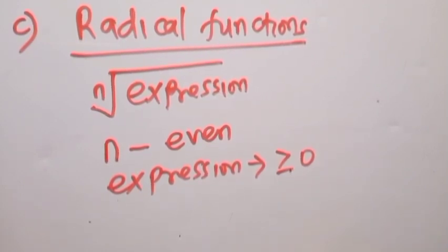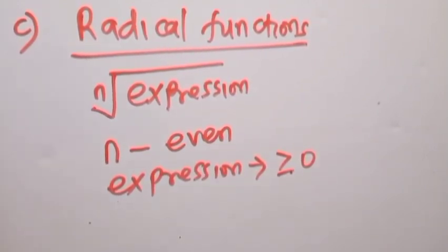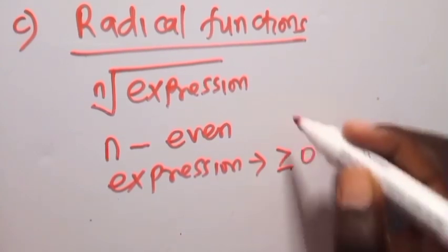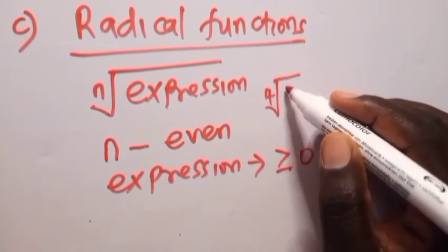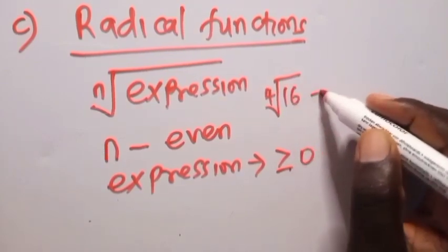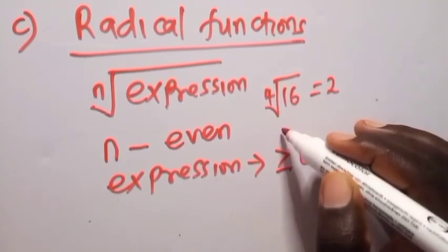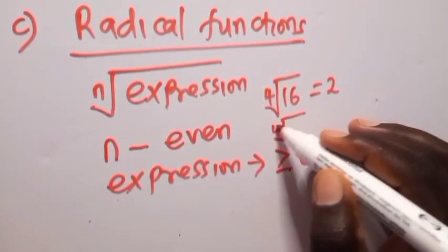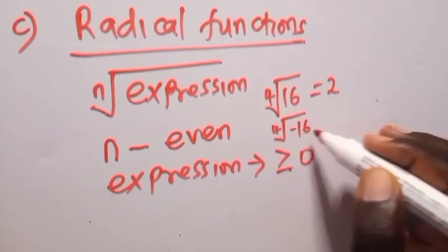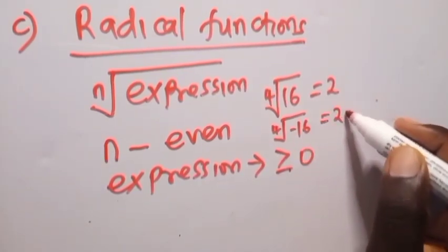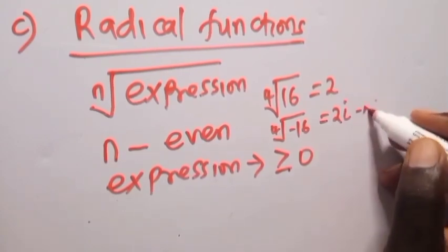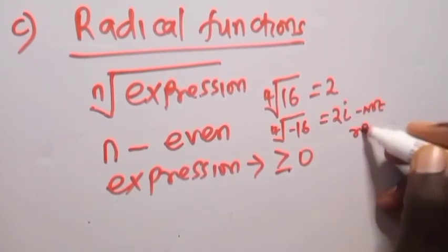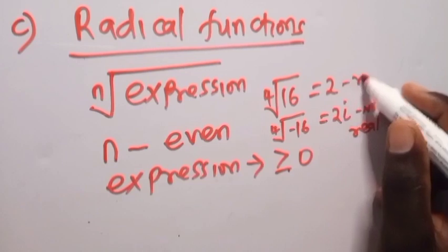Then let us consider this example. The fourth root of positive 16 is 2. And the fourth root of negative 16 is 2i, which is not real. This one is not real, but this one is real.